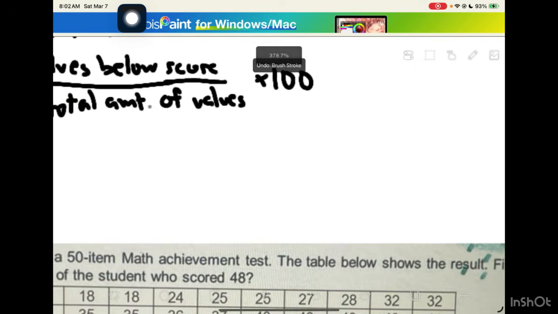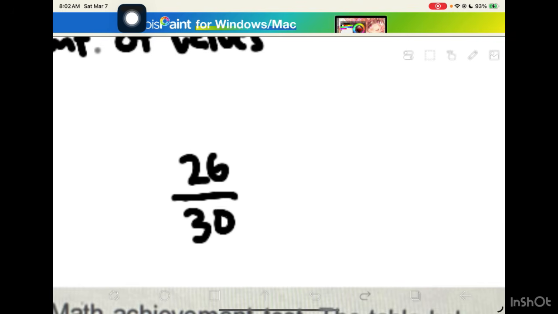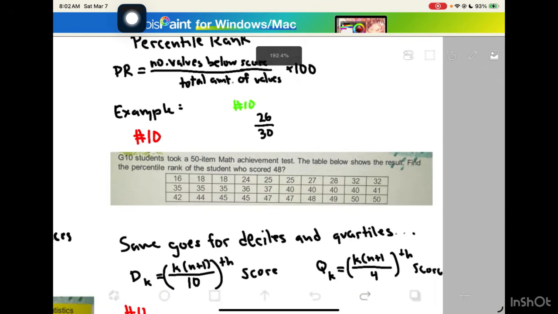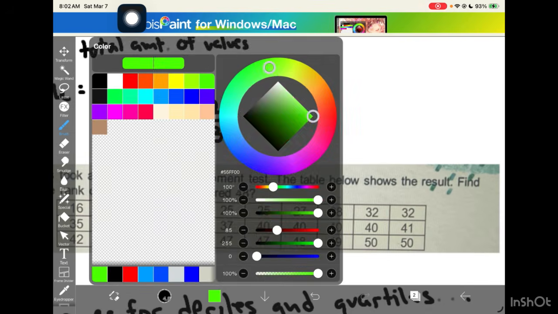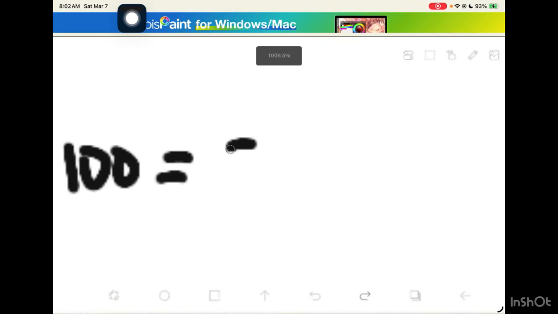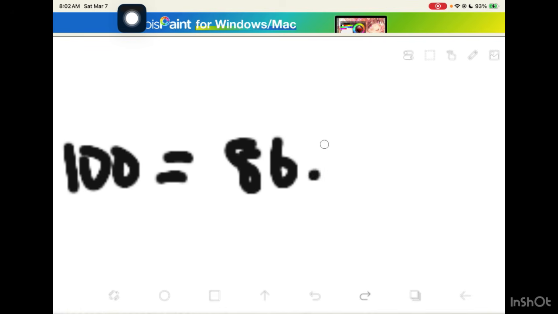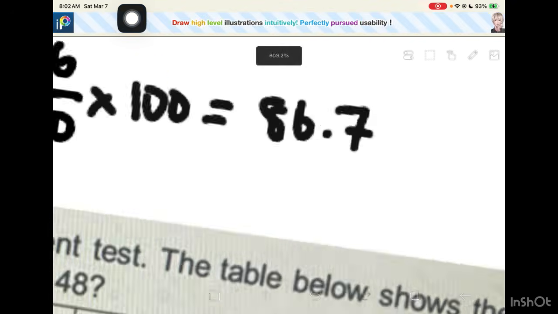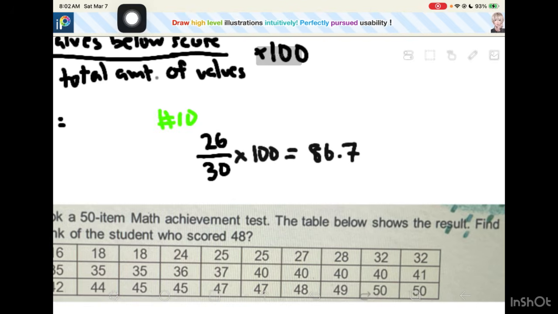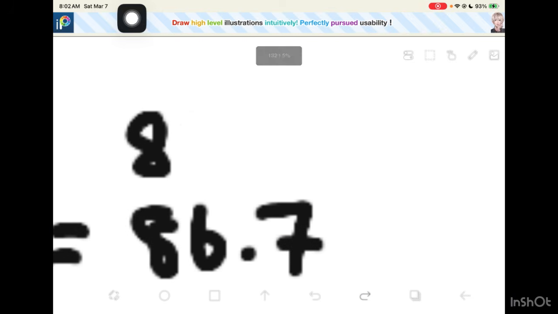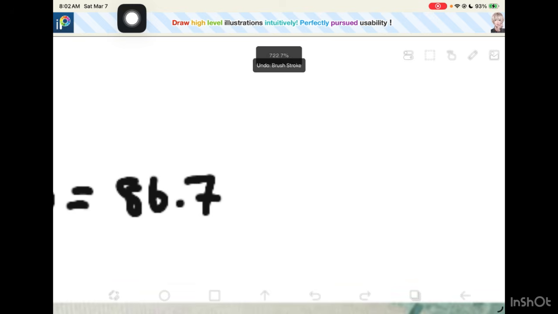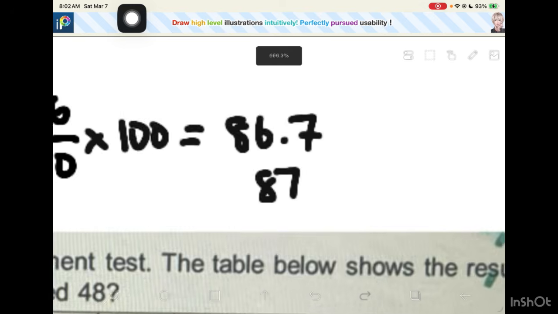So there's 26 below them, and 30 total. So we just need to times it by 100. And that's equal to 86 point this number. Now the thing is, percentile ranks are strictly from 1 to 99, which means even if you get 86.0001, you still have to consider that as 87. So this is 87th percentile rank.